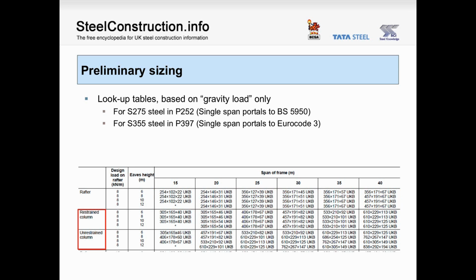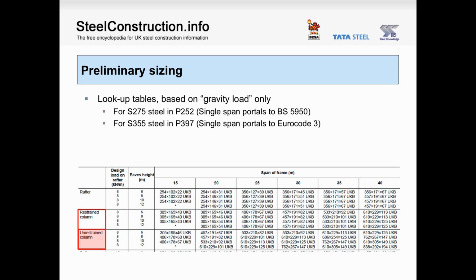There are two forms of column, here described as restrained columns and unrestrained columns. A restrained column has the opportunity to introduce additional intermediate restraints to the inside flange. And that's very important because they will serve to increase the resistance of the column. If those intermediate restraints cannot be provided, and it may be that, for example, there are roller shutter doors down the elevation and therefore the side rail is interrupted and thus ineffective, then the column is described as an unrestrained column.